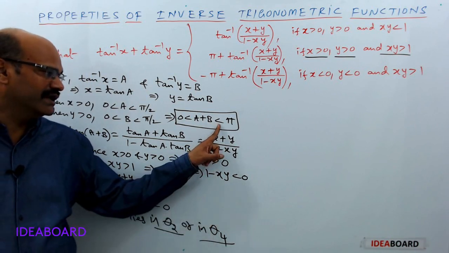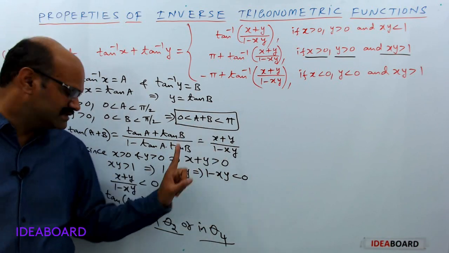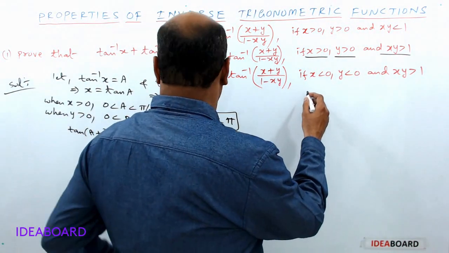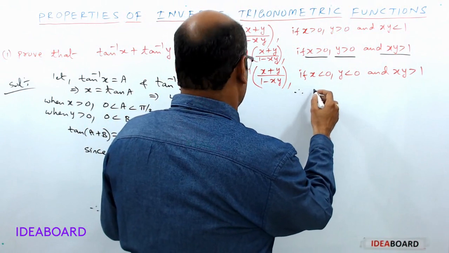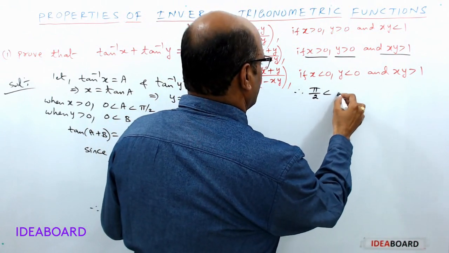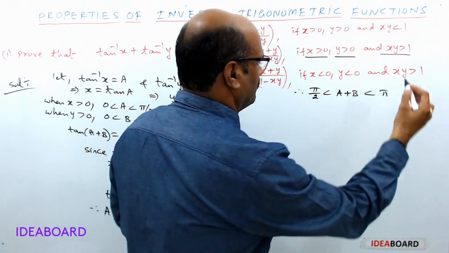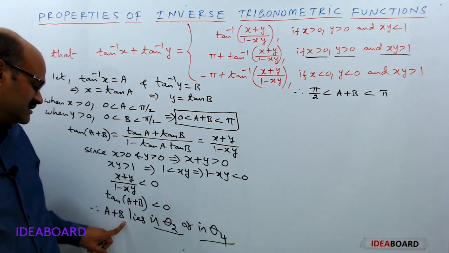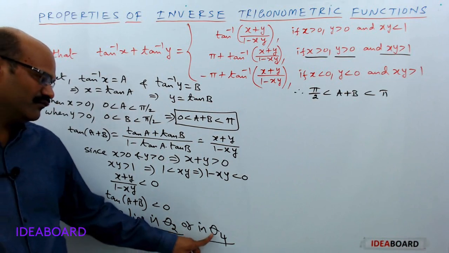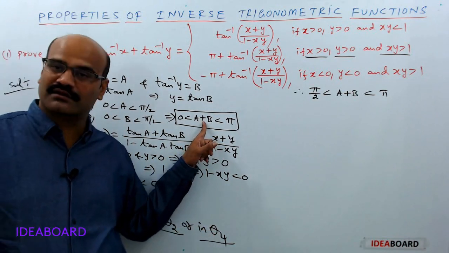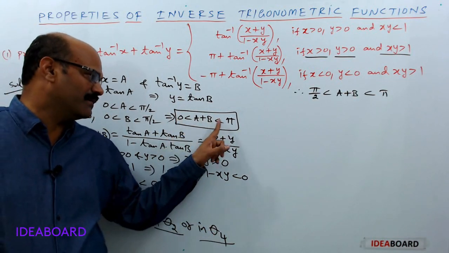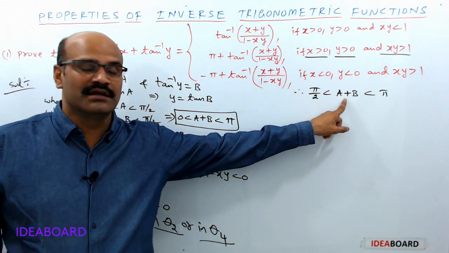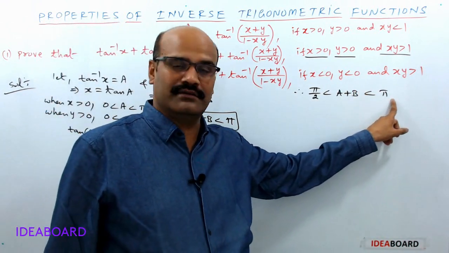We have to take only the second quadrant. Therefore, pi by 2 less than a plus b less than pi.